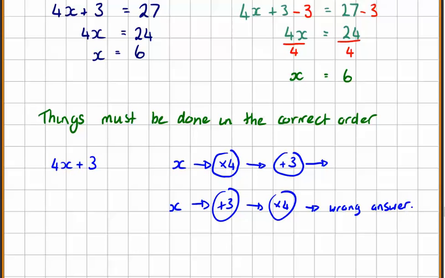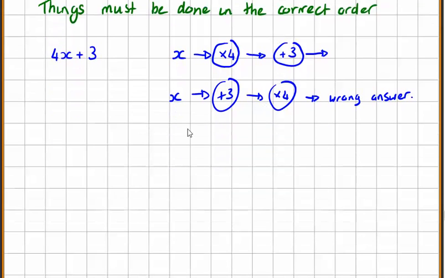Now that's the same as when you're solving. If you do the solving in the wrong way, for instance, if we were to do 4x plus 3 equals 27 again, what if we were to try and divide by 4 first? So I did that.